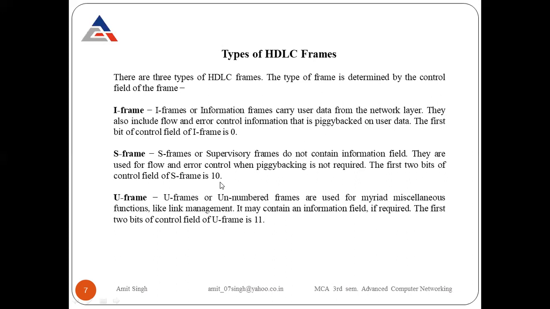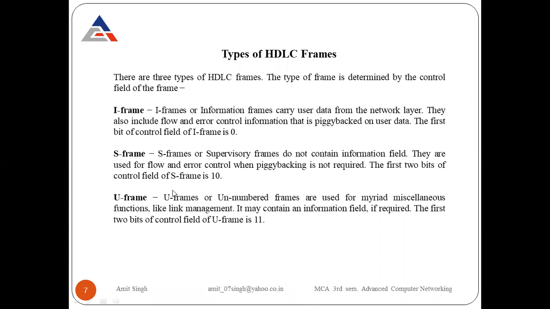And the last one is U frame. U frames, or unnumbered frames, are used for miscellaneous functions. Miscellaneous functions means the rest of the functions that are not defined, like link management, how the link is maintained between the sender and the receiver.